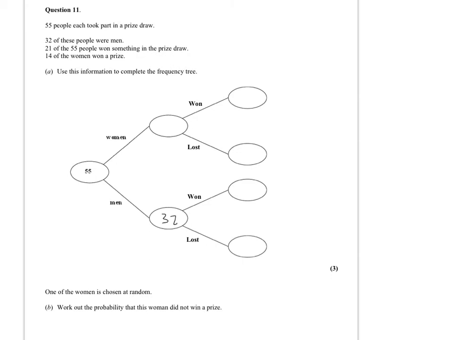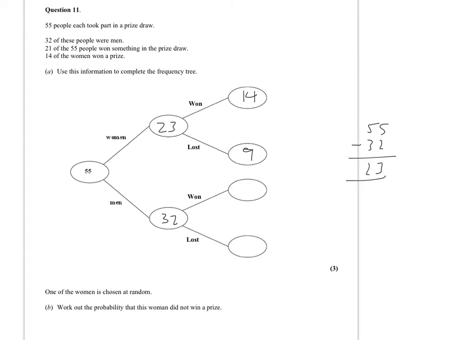And if 32 were men, then we'll have to do 55 take away 32. That'll give us 23 women. The next bit of information says 21 of the 55 people won something and 14 of the women won a prize. So if 14 of the women won, then that means that 9 of the women lost, because 14 plus 9 makes 23.